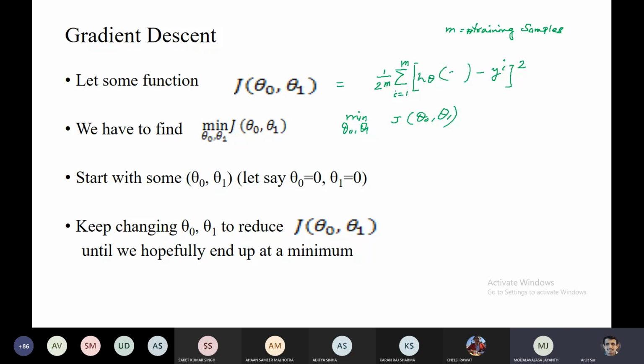Thank you for this. It is h_θ(x_i), so x_i is the point, that is fine, and its corresponding y is the actual point. So this is the thing we have to minimize.